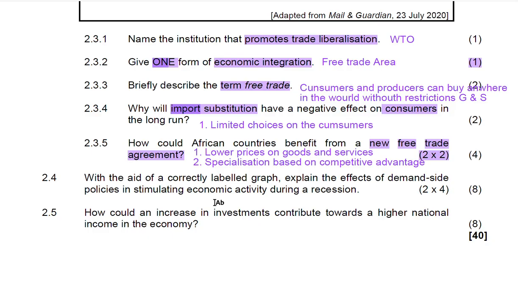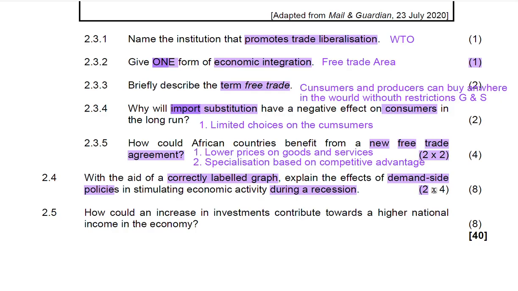What is important here, candidates, is that you need to draw a correctly labeled graph, looking at demand side policy and the stimulation of economic activity during recession. After you've drawn the graph, you need to explain what you've drawn. Then you will get 2 marks per statement.